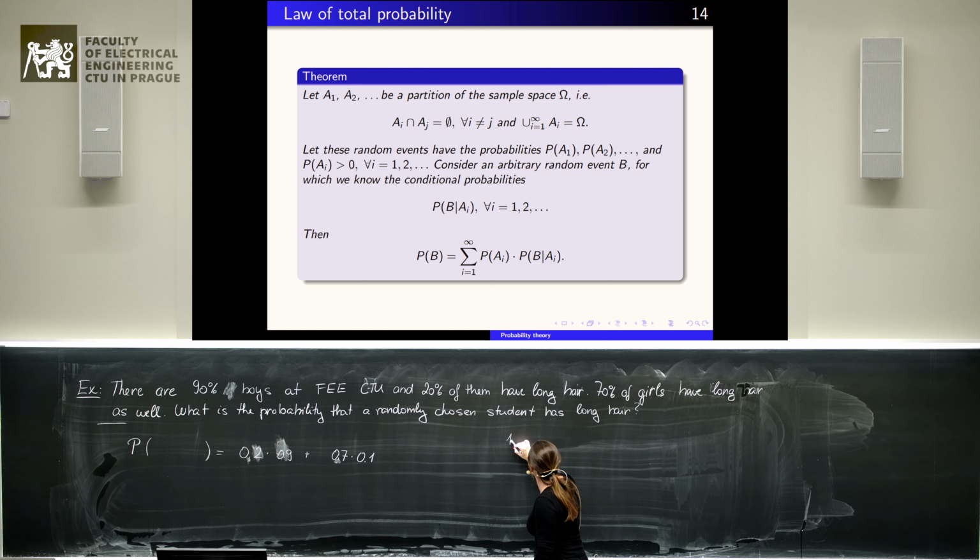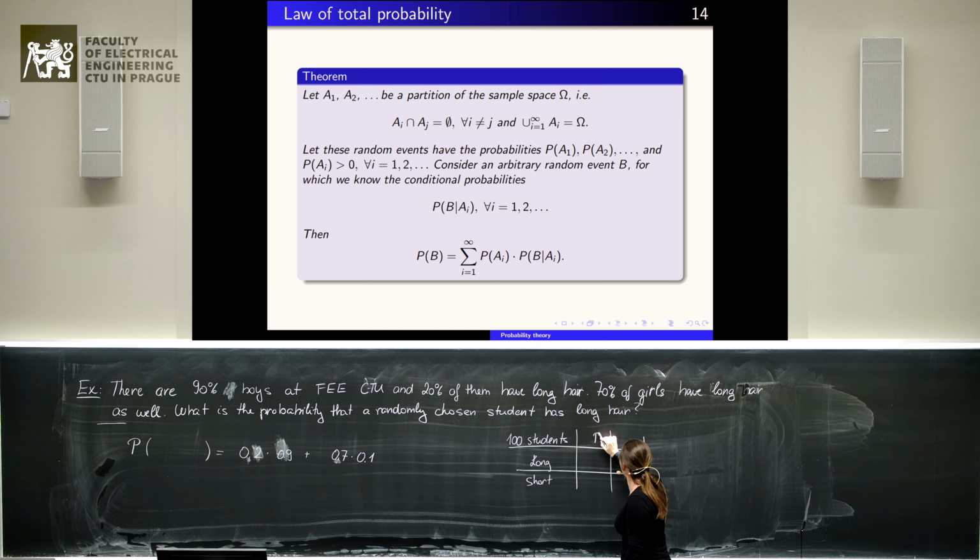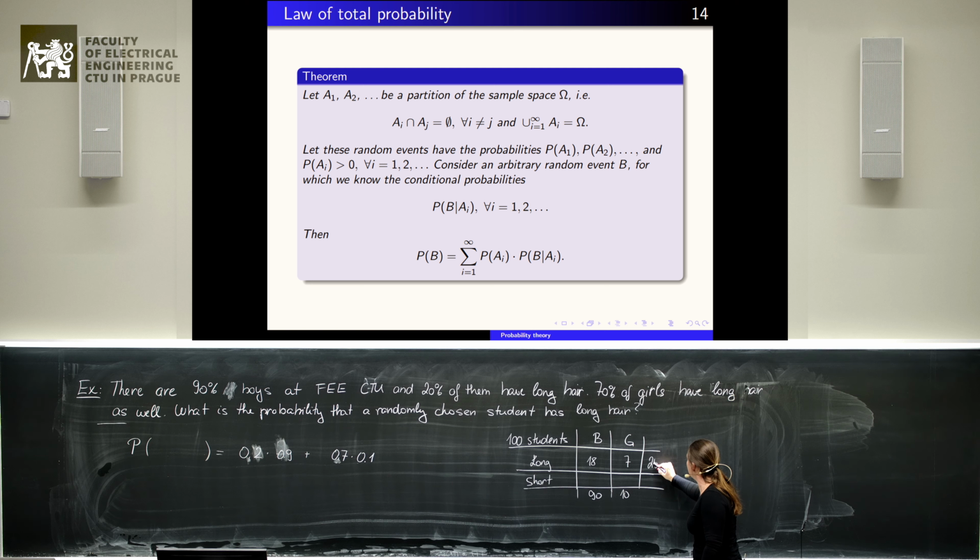So when we consider 100 students, in these 100 students we have 90 boys and 10 girls. 20% of the boys have long hair, so 20% of 90 is 18, and 70% of girls have long hair, so 7 girls have long hair, so it is 25 people from 100 students.